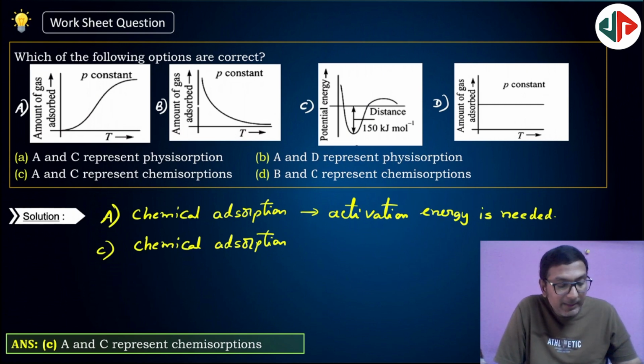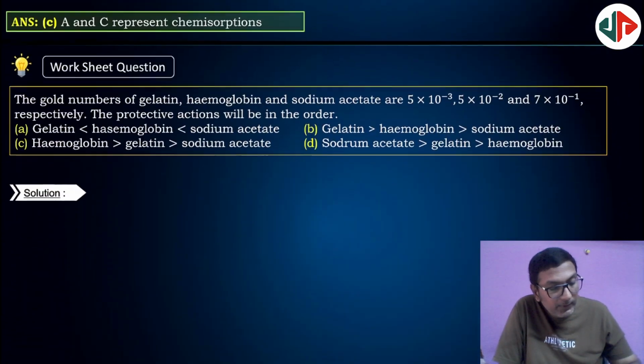So during adsorption, potential energy decreases up to bond formation. After bond formation between adsorbate and adsorbent, again the potential energy increases with increase of distance. So therefore A and C represent chemical adsorption, that is option C.